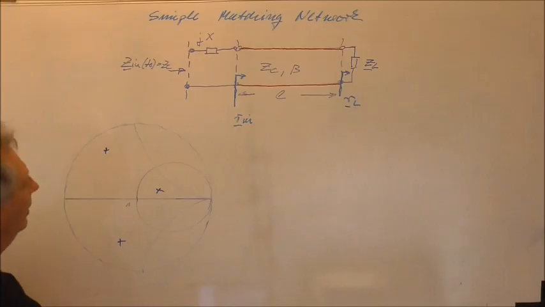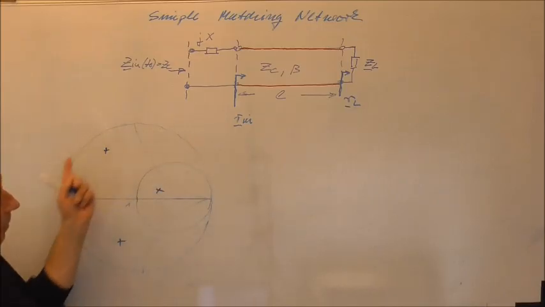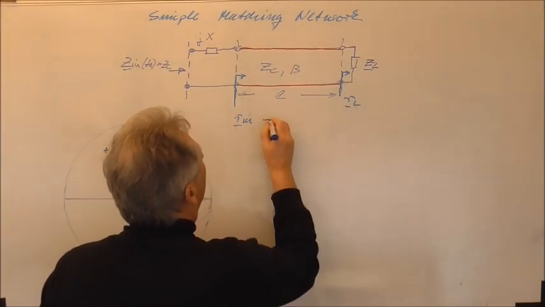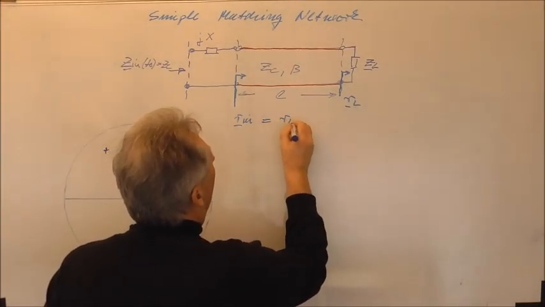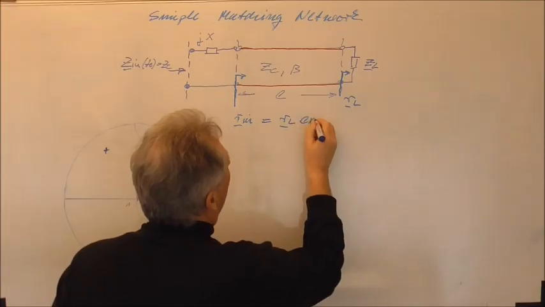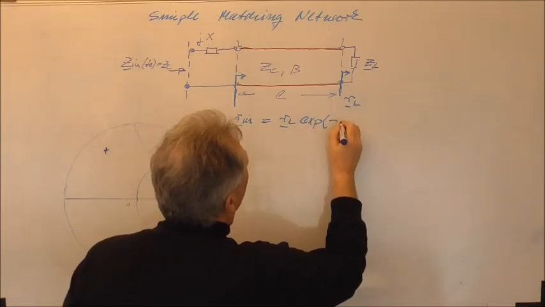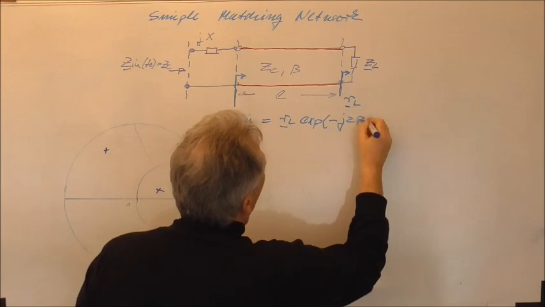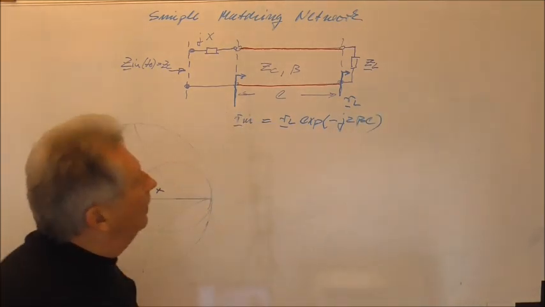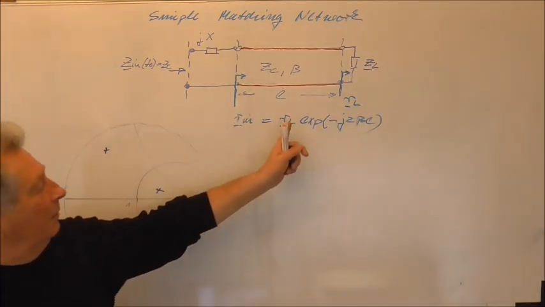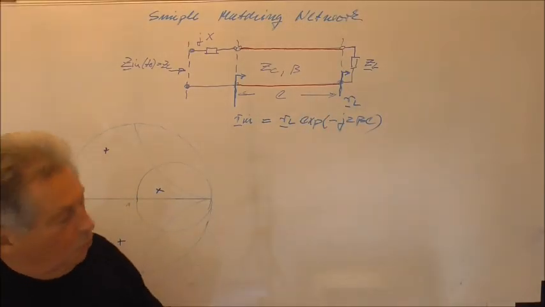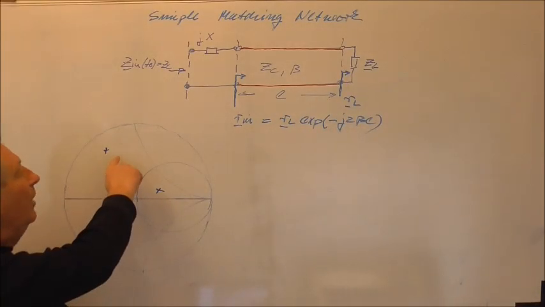We are in the Smith chart, in the plane of the reflection coefficient, and we know that Γin is equal to ΓL times the exponential function of minus j2 beta L. What did I tell you about this factor? What does this factor do with the reflection coefficient?